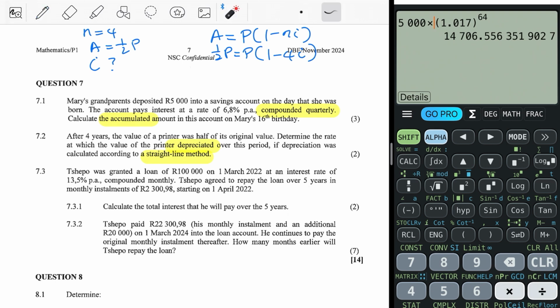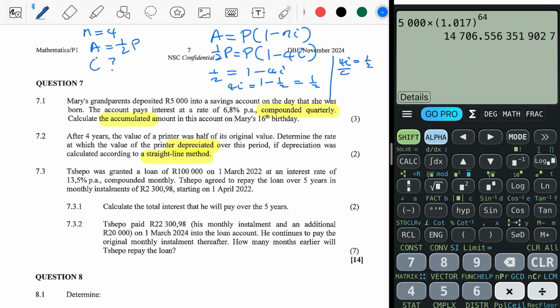Of course, if we divide by P on both sides, this P and this P will cancel. So you end up with half is equal to 1 minus 4I. Then if you take 4I to the left hand side and take half to the right hand side, 4I is equal to half, and then we divide by 4 on both sides.